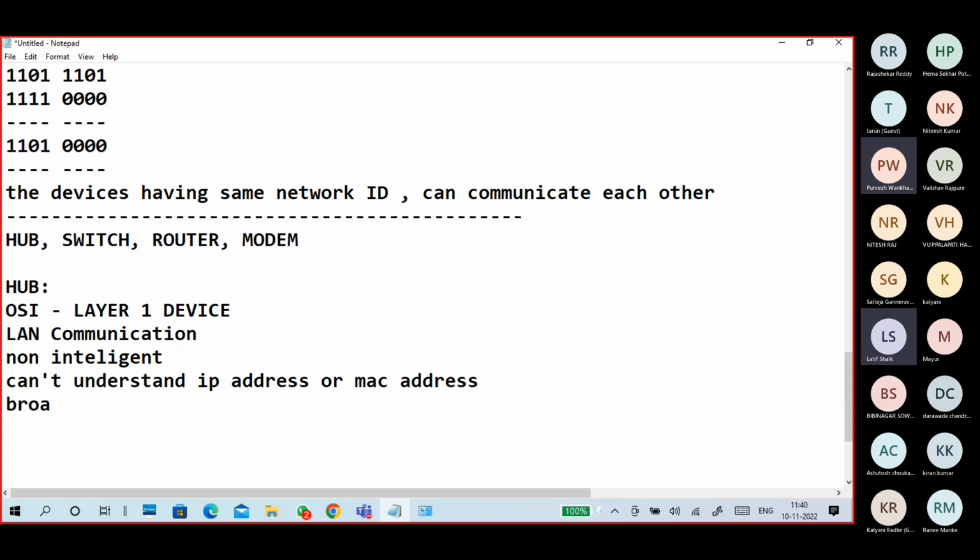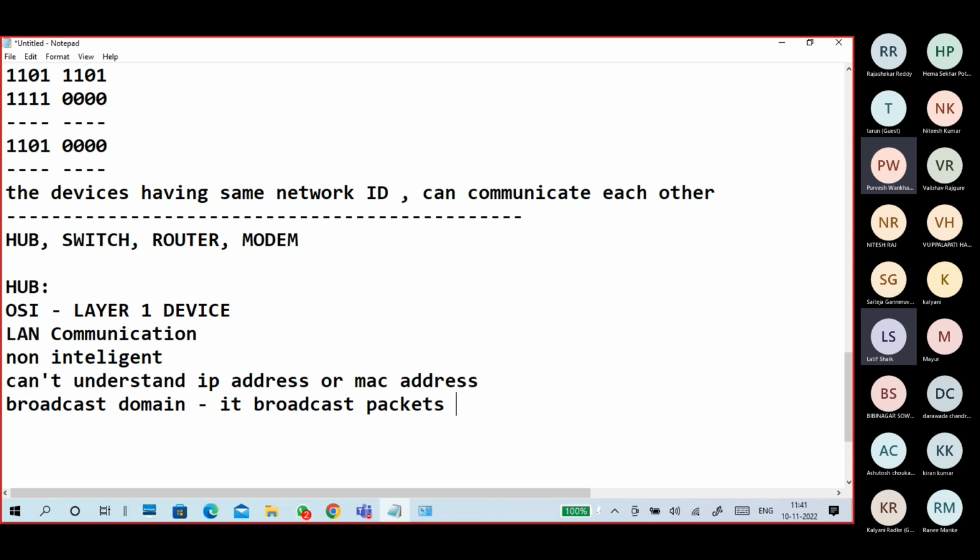It is a broadcast domain. It means it broadcasts to everyone. Packets means whatever it receives, a frame or a data stream.